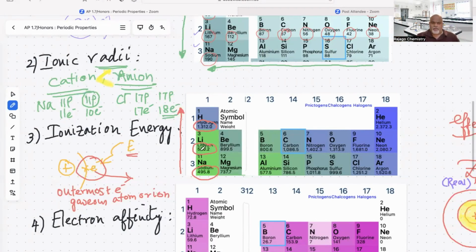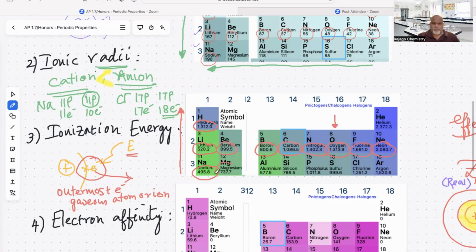But when you look from left to right, 520, 899, 800, and then it increases to 1085, 1400, and then has a slight dip, and then increases again. So we have a slight discrepancy at oxygen and sulfur.